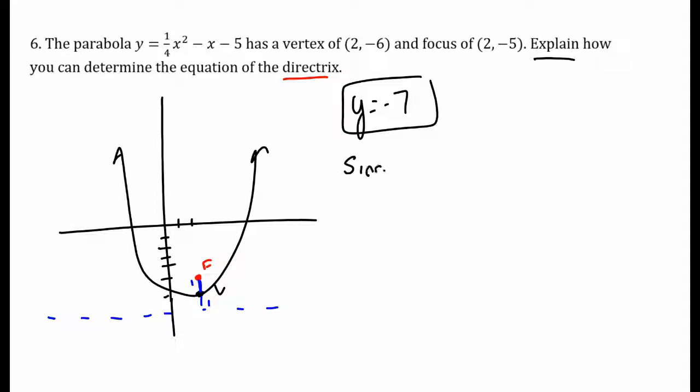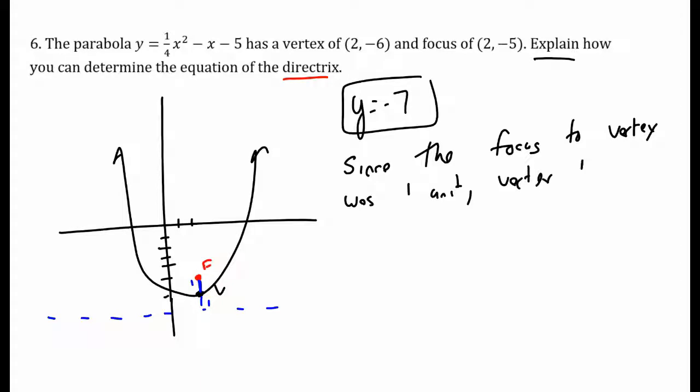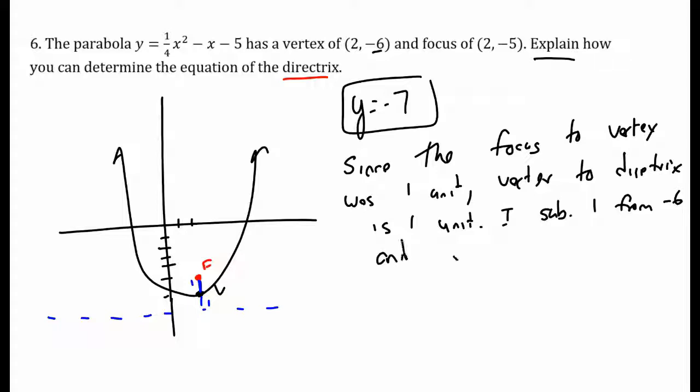So since the focus to vertex was 1 unit, the vertex to the directrix is 1 unit. I subtracted 1 from negative 6 and got y equals negative 7.